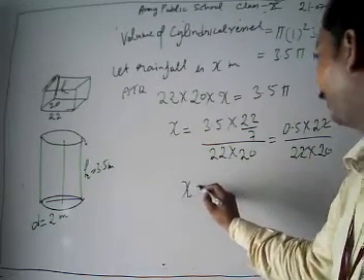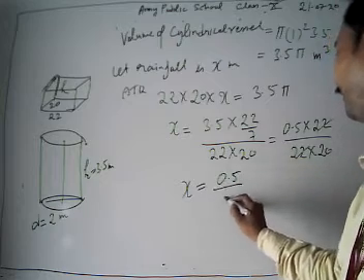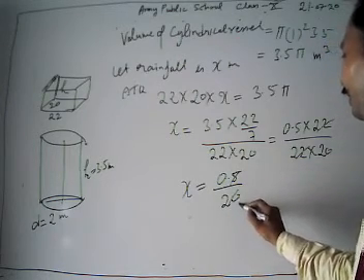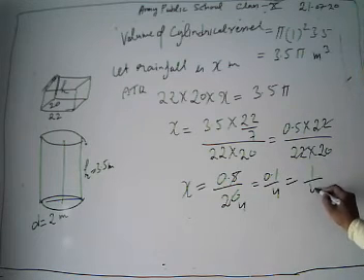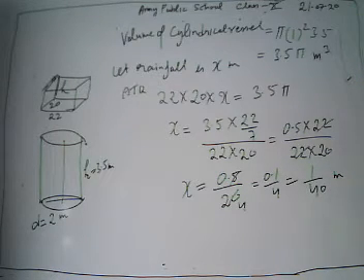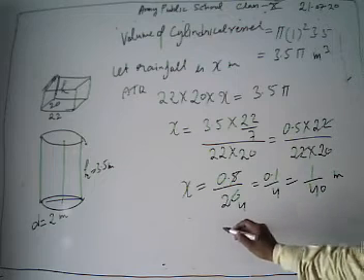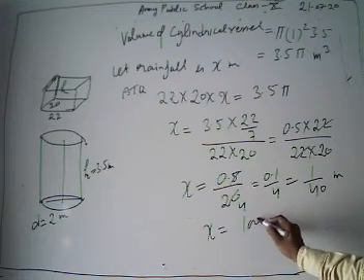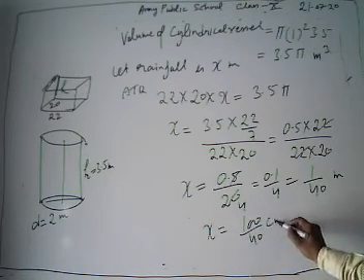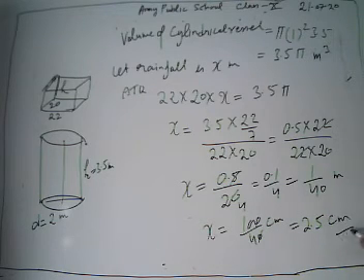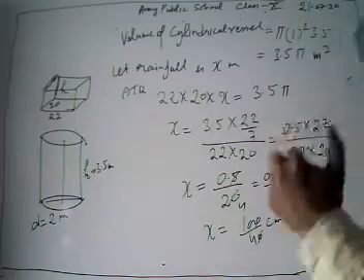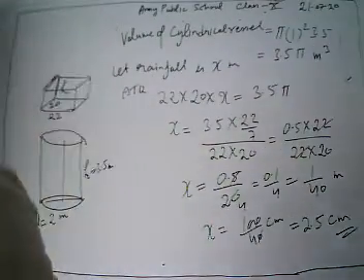Our x is 0.5 upon 20, which is 1 upon 40 meter. So x is equal to 100 by 40 centimeter, which is 2.5 centimeter. Our rainfall is 2.5 centimeter.